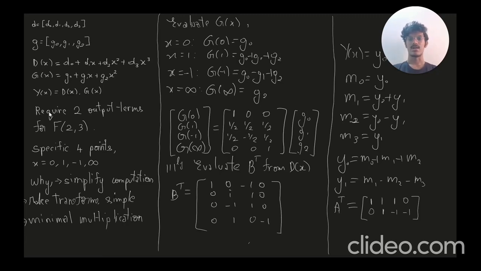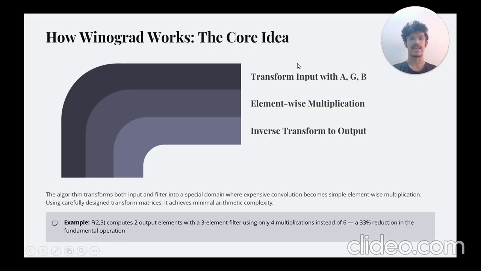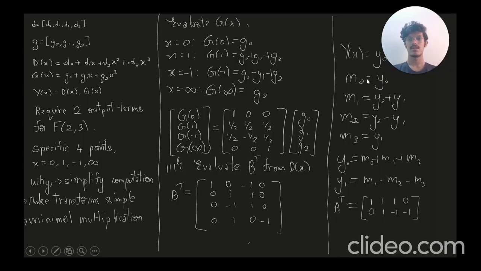This is how we obtain these predefined A, G, B matrices. Let's take a sample input vector. To derive them, we start with 1D convolution. Let's start with a sample polynomial with four variables: d0, d1, d2, d3, and g is the filter kernel, with g0, g1, and g2.